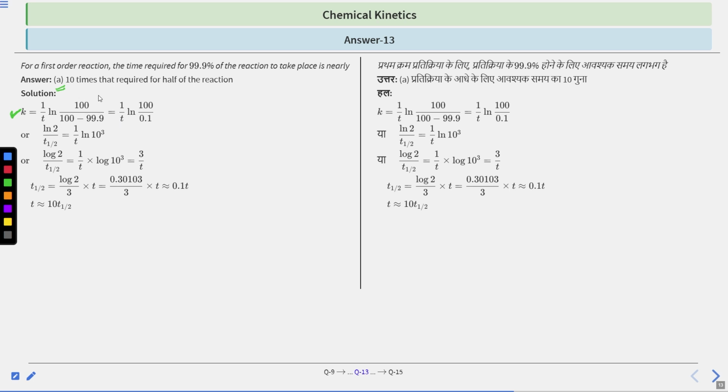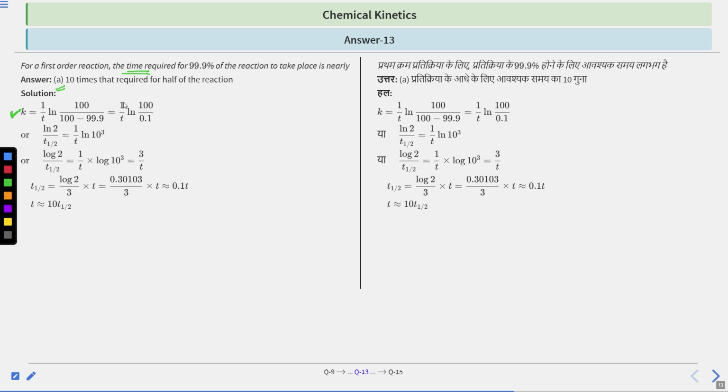So the total concentration is 100, and upon 100 minus 99.9, because we have to find out the time required for 99.9% of the reaction to take place. That means the remaining percent will be 100 minus 99.9. Total percent is 100%, total divided by remaining.